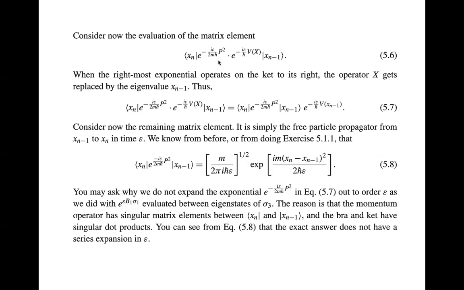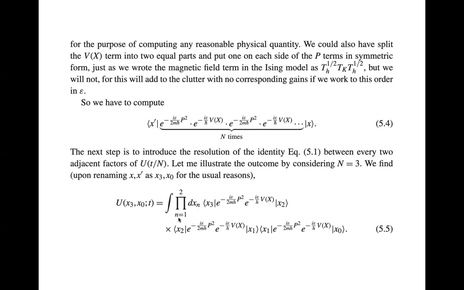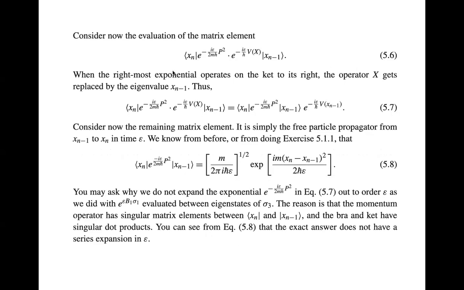So then let's evaluate this matrix element, because each of them is almost identical to each other. If we understand one of them, the whole thing will be clear, right? The rightmost exponential operator, because this thing and this thing do not commute, is exponential minus potential acting on the position.